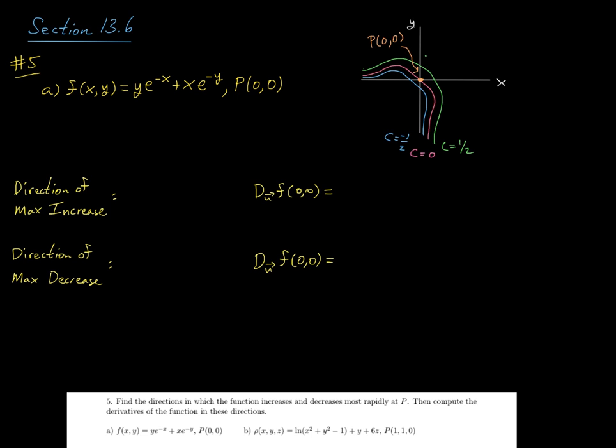All right, so what we were saying in the last video was that if I want to move in the direction of max increase, what I should do, moving from P, is head directly away from my level curve and head straight for this green contour.